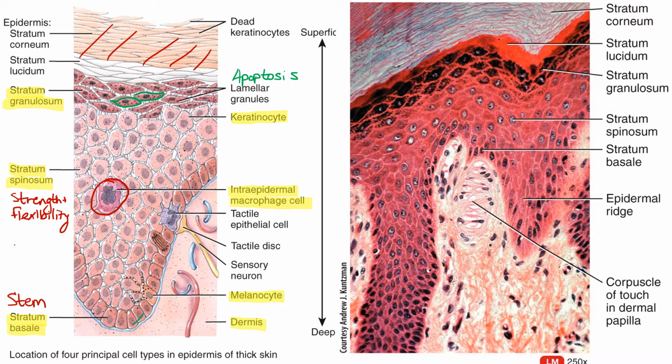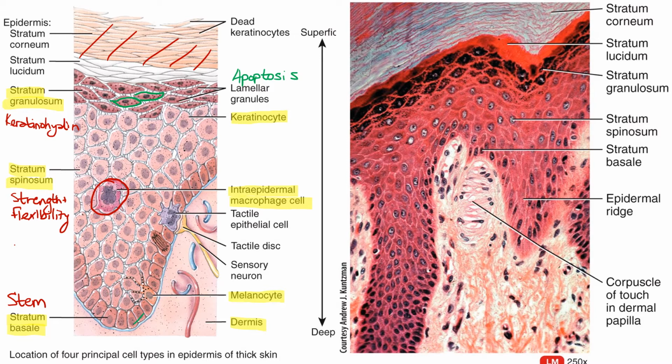Now, a distinctive feature in the cells of this layer is the presence of these darkly staining granules of protein called keratohyalin. And this assembles keratin intermediate filaments into keratin itself.